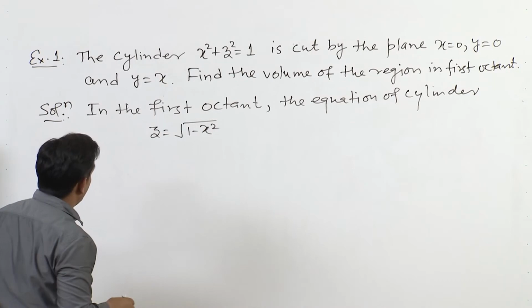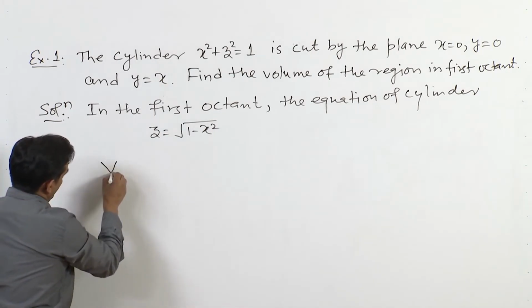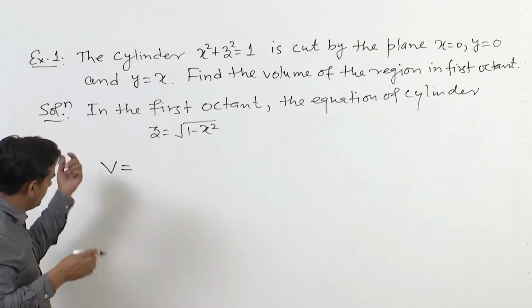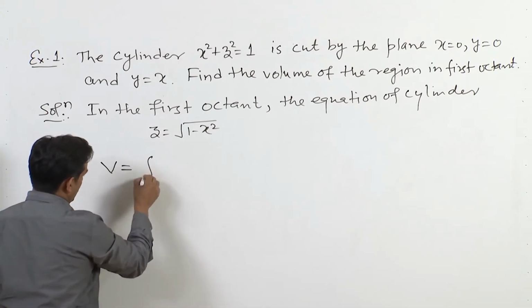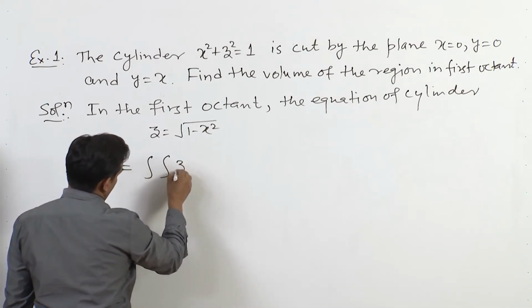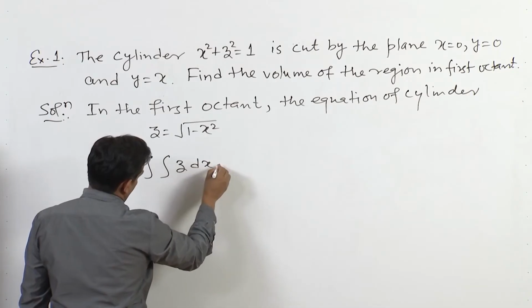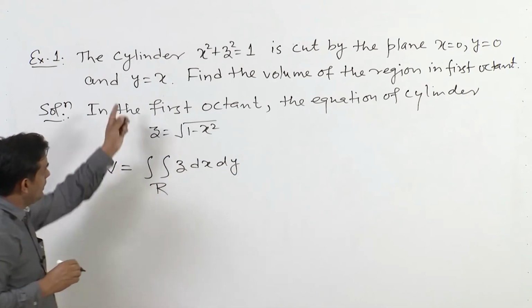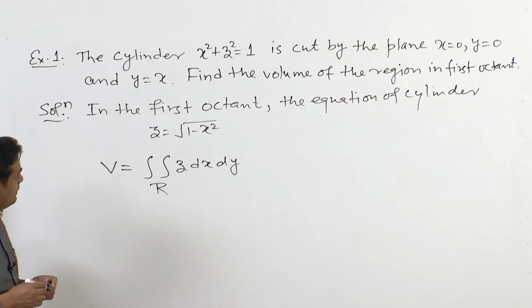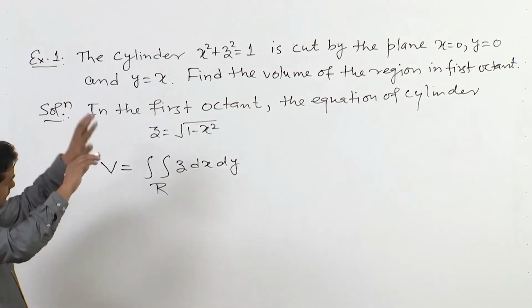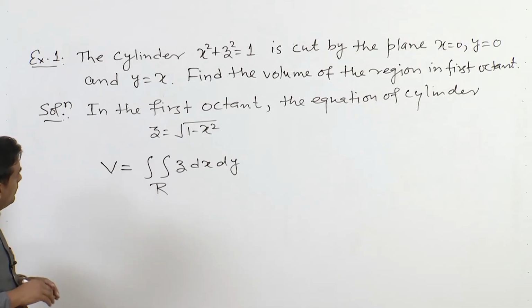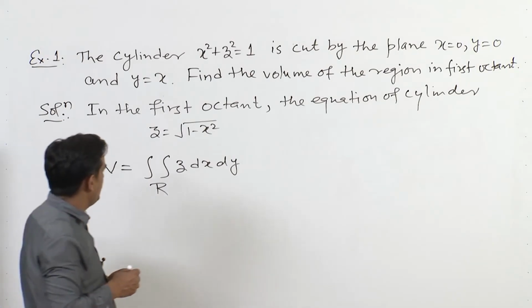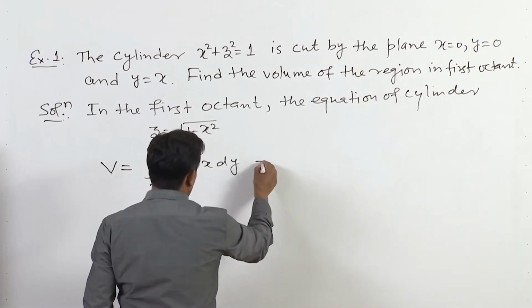Now volume is given by the formula double integral of z dx dy over a region R. The projection of this region in the xy plane will be something like this.